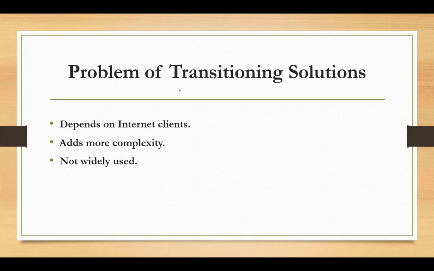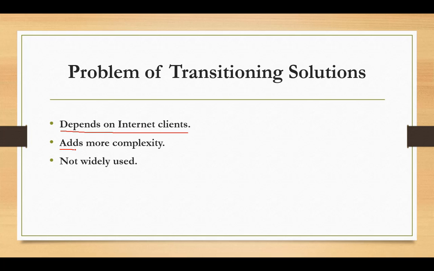The problem of the transitioning solutions is the dependence on internet clients. It means that you have to do some training for network admins, network engineers, and ISPs to use the transitioning solutions, to use dual stack, to use NAT64, DNS64, to use tunneling.